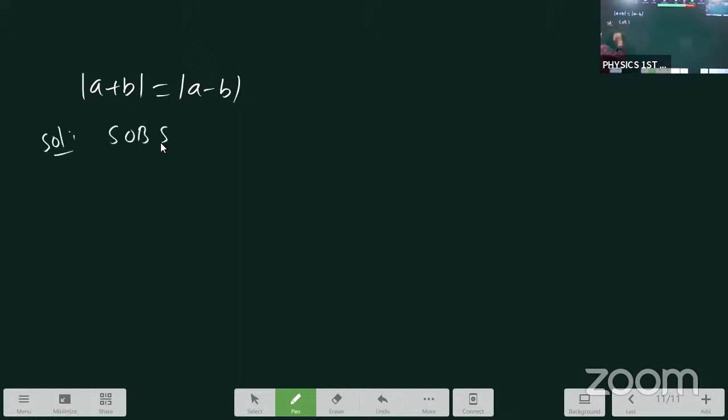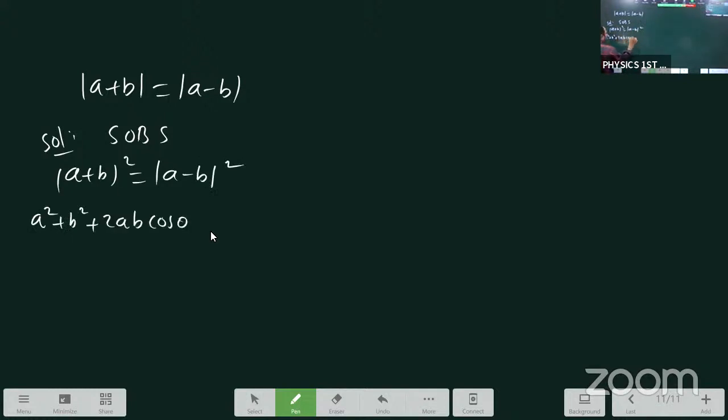Squaring on both sides, we get A plus B whole square equals A minus B whole square. Left side: A square plus B square plus 2AB cos theta. Right side: A square plus B square minus 2AB cos theta.